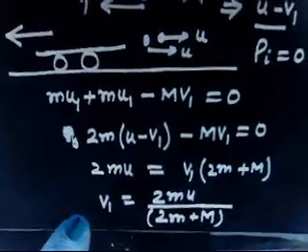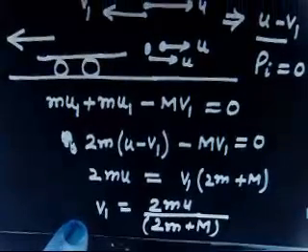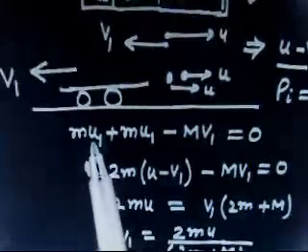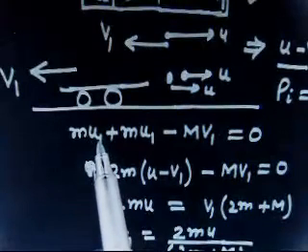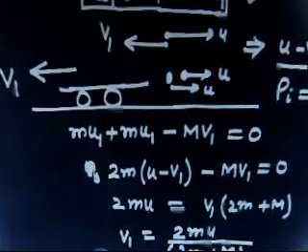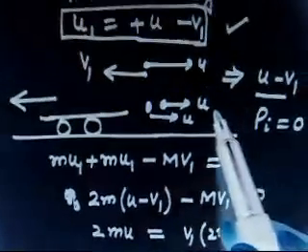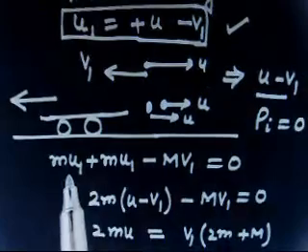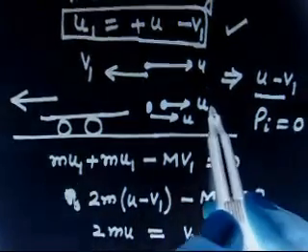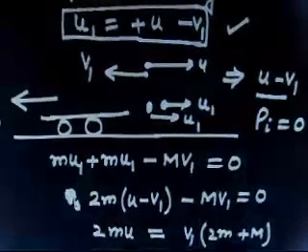Are you getting? So in this case, the important point is that this u1 is the speed of man with respect to ground that I have to take. Are you getting or not? This is given with respect to buggy, I have to take it with respect to ground. So let us plug here u1 so that there will be no confusion.